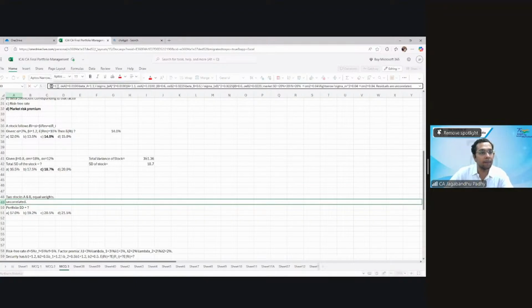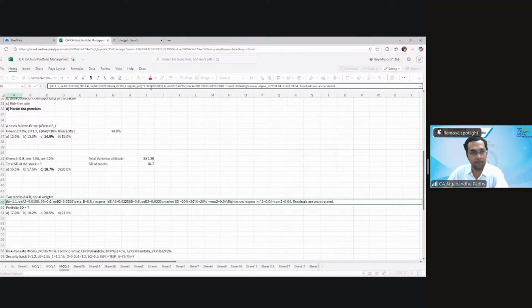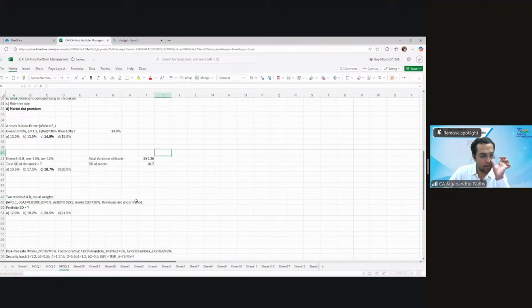Beta of security B is given. Error of B is given. Okay. Then we have the market standard deviation as 20%. Residuals are uncorrelated. What will be the portfolio standard deviation?